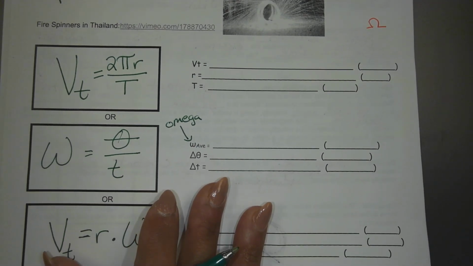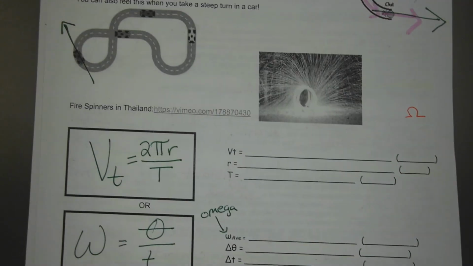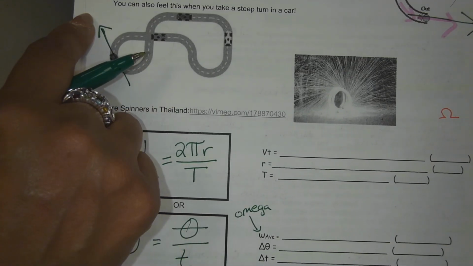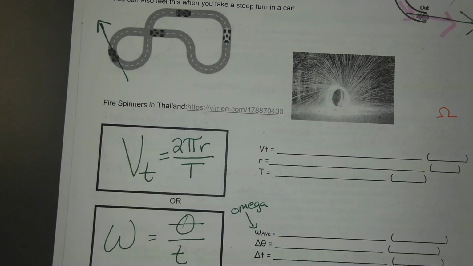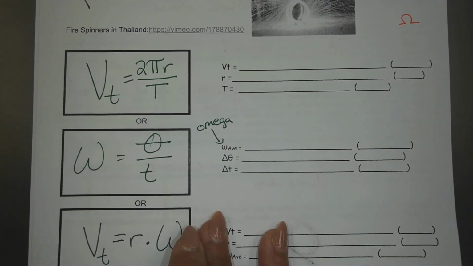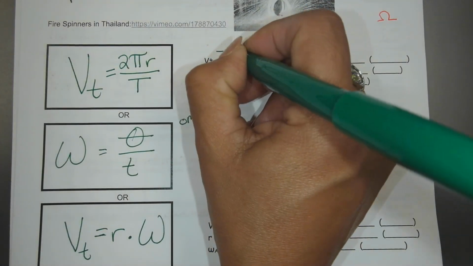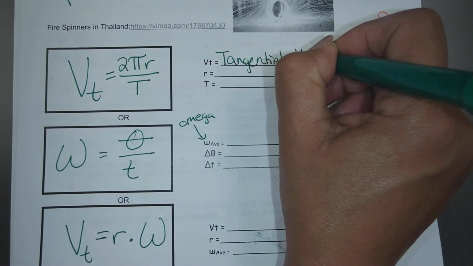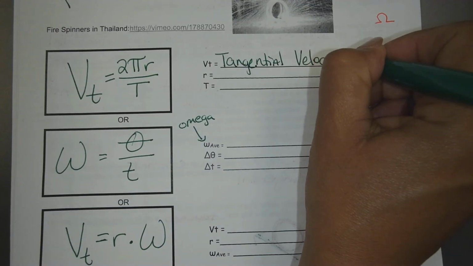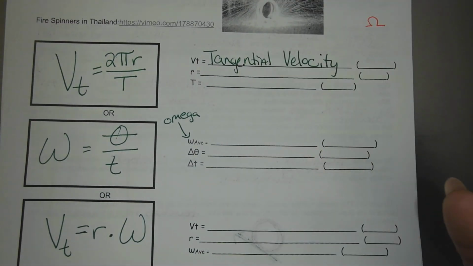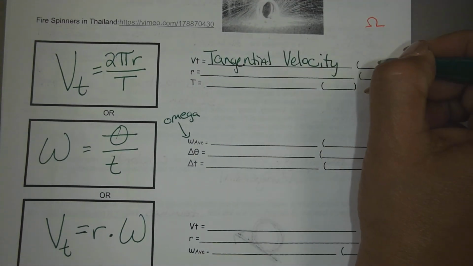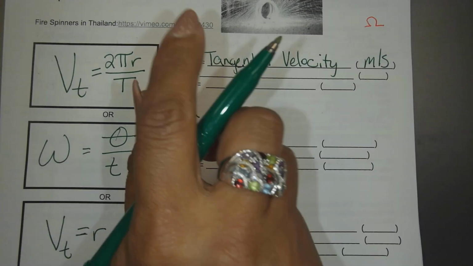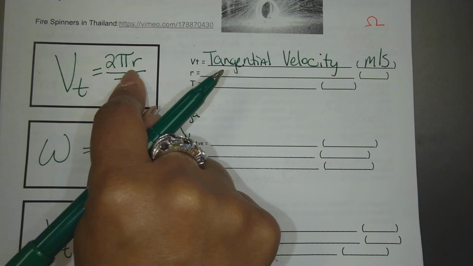Alrighty, so tangent velocity. Again, if we want to figure out how fast this little car was to lose control and ram into the people, what's the velocity they would hit the people? Tangent velocity, and because it's velocity, just like if it was moving in a straight line, it's still meters per second. 2 pi r.